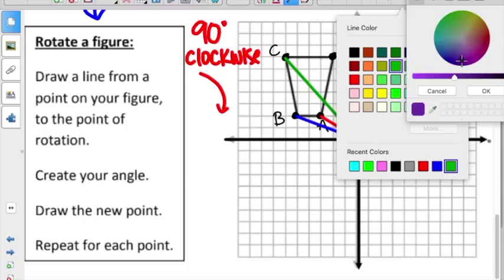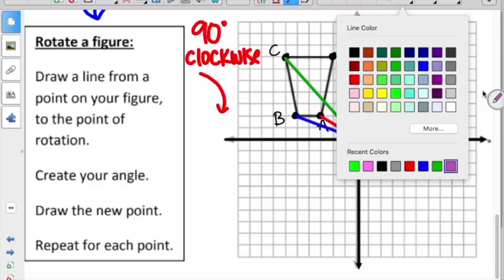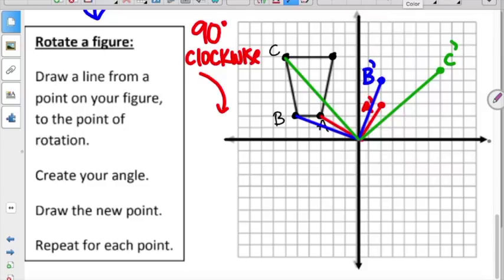Create point D prime. And now we can connect those 4 points to create our image.